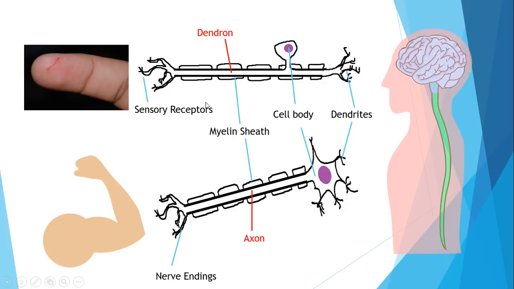So let's take a more detailed approach to this. From the sensory organs all the way to the brain, you've got something called sensory neurons, which deliver that information. As the diagram suggests, the impulses travel from the left side to the right side. In the case of a sensory neuron, it's quite important to know the direction of travel of the impulse.